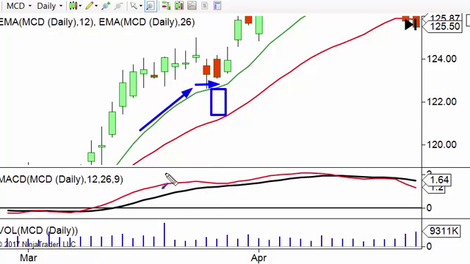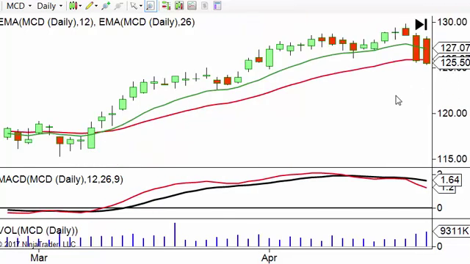So that's why the MACD line goes flatter here. It's just because the distance between the two lines is starting to close a little bit. Then they open back up again, and the MACD line starts going back up. So it's measuring acceleration, if you will, based on those two moving averages.